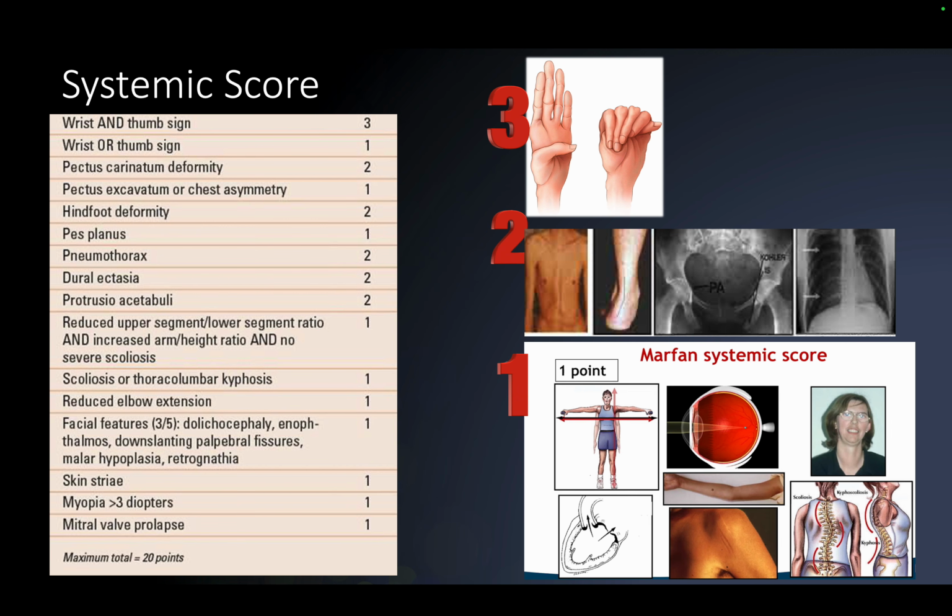You add up these scores in the particular patient, and if it is 7 or more out of 20, we have made the diagnosis that there are systemic features.